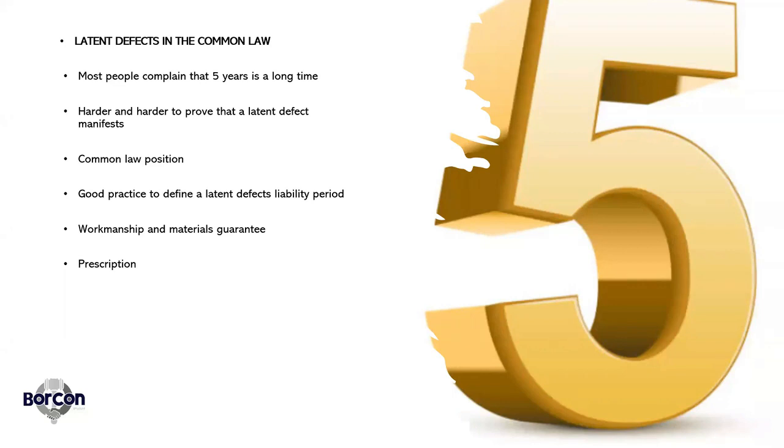That's what it means. So you don't actually have to have a workmanship and material guarantee. You're obliged to come and fix defects in any event. And like I said, in the common law, you're expected to provide a product that meets a standard which a reasonable person would consider to be the standard to be delivered.